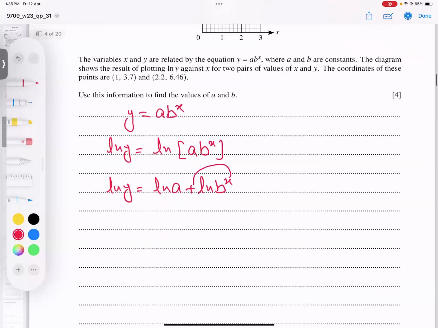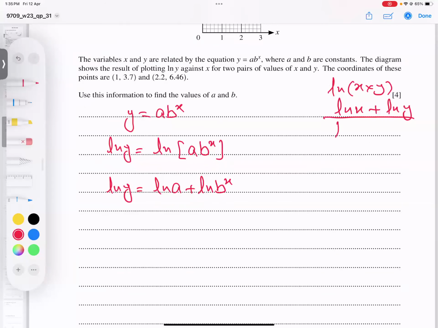So this x will come down due to the property. You know why this splits? Because when they multiply, we take the logarithm and split them. There's a rule. If we have x times y, 2 values multiplying, we can split them by putting a plus in the middle.